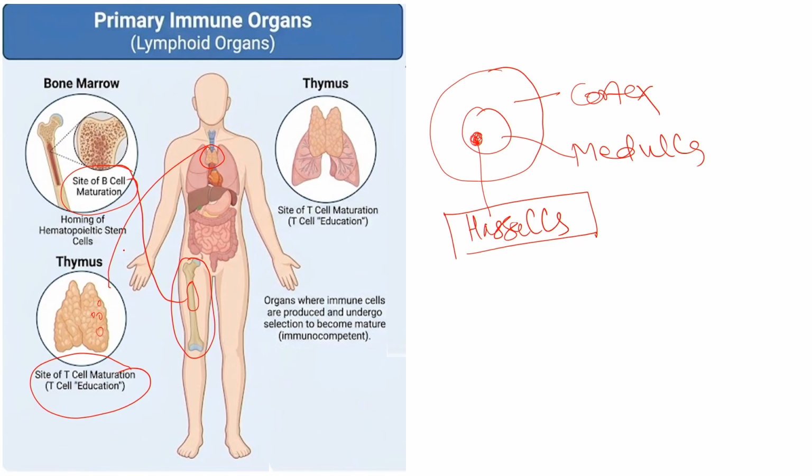Since these are the primary lymphoid organs, any deviation or malfunctioning of these organs can lead to multiple disease conditions. For example, if the thymus is not functioning properly, people will have less response from the T cell population.